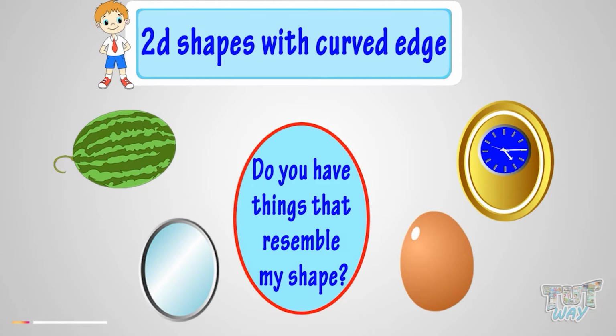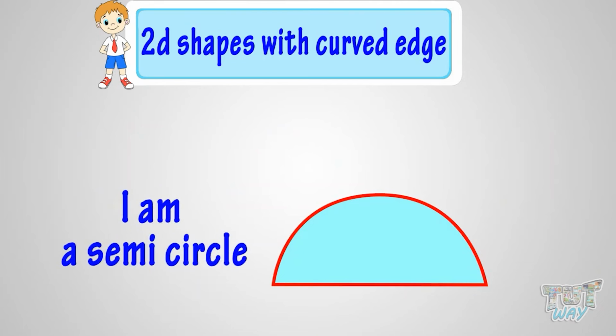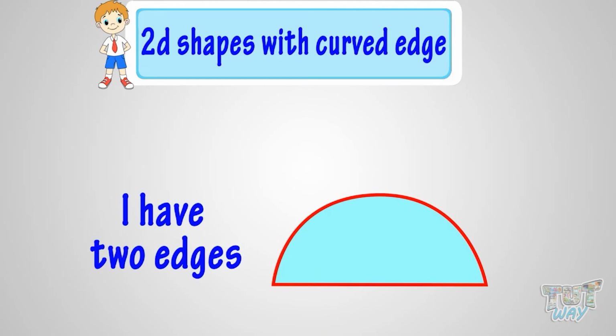Good. Now, let's learn another 2D shape with a curved edge. Semicircle. I am a semicircle. I have two edges. One is the straight edge and other one is a curved edge.